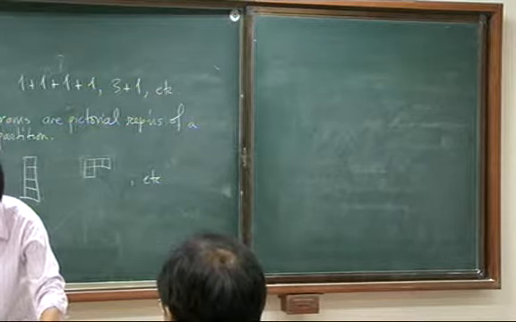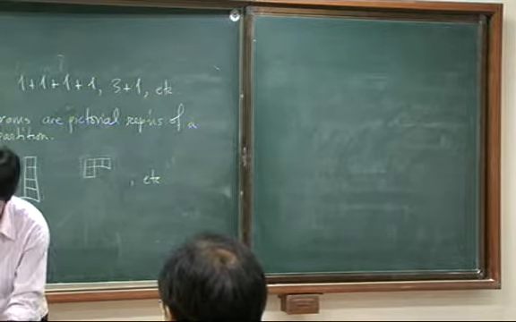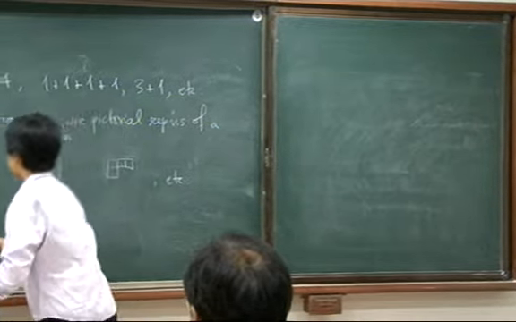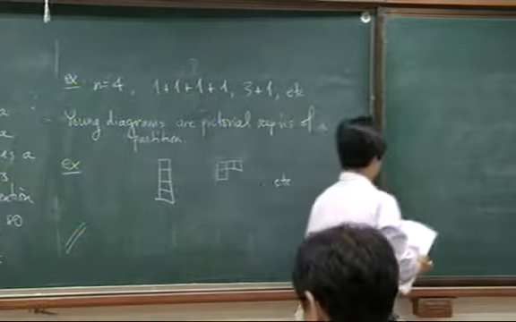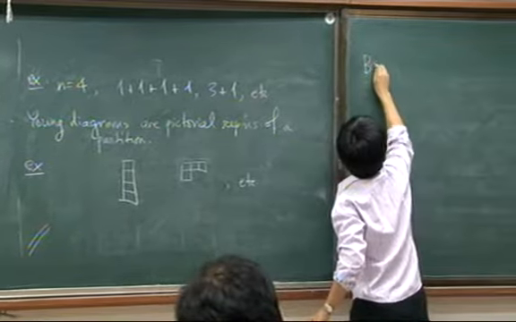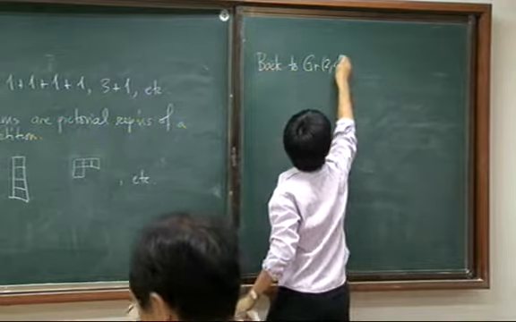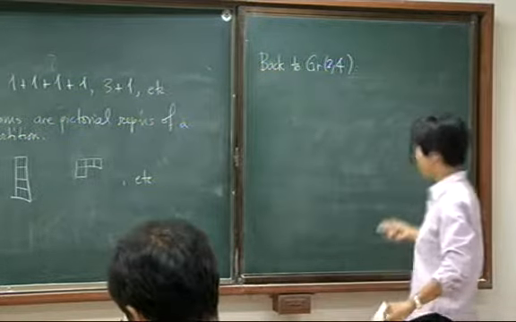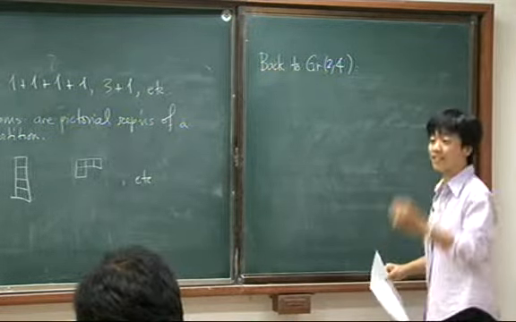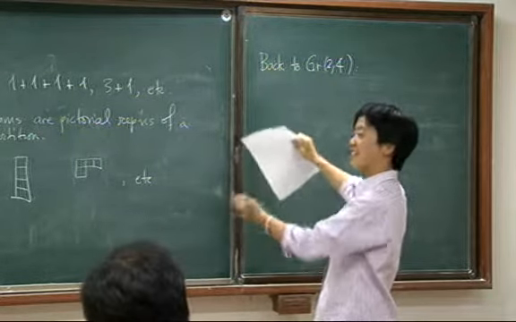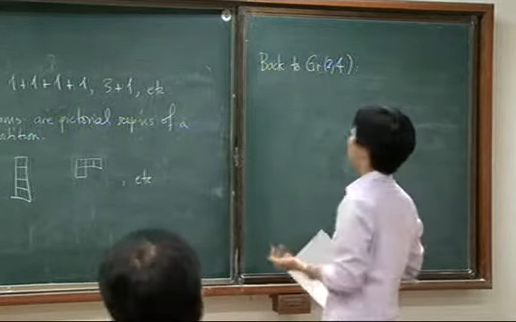Very good. Okay, so after that interlude, let's come back to the Grassmannian. I was trying to advertise that I like to think about Schubert calculus as this intersection of algebra and combinatorics and geometry.